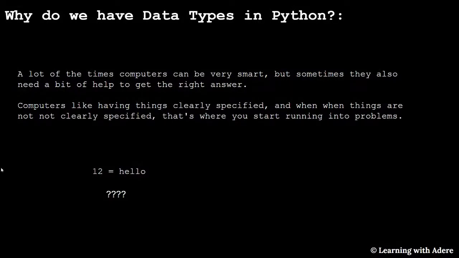When things are not clearly specified, you start running into problems. It's a lot harder for a computer to assume things as we do as humans. So if we're giving it an equation to perform, if it doesn't know the exact category, it might not even know the difference between an integer and a string.